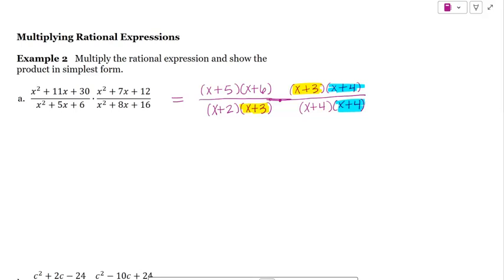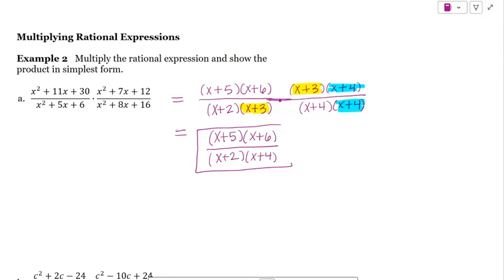That looks like all that can cancel. And then what's left over is x plus 5 times x plus 6, and then x plus 2 times x plus 4. This is my final answer.